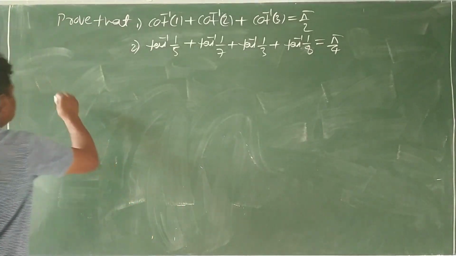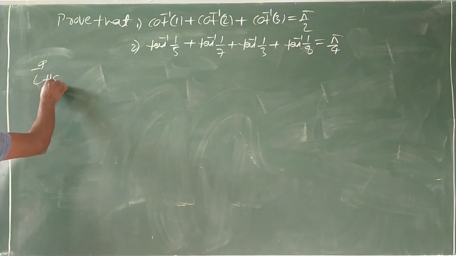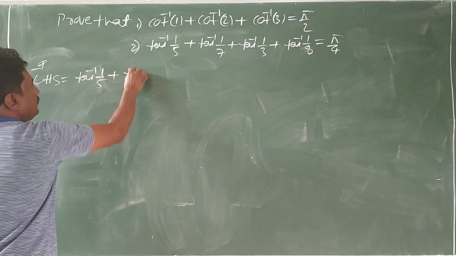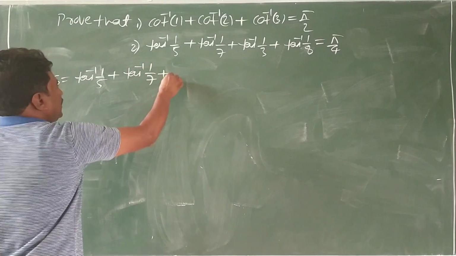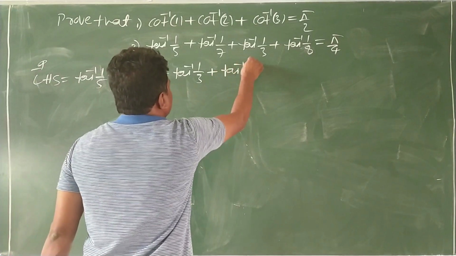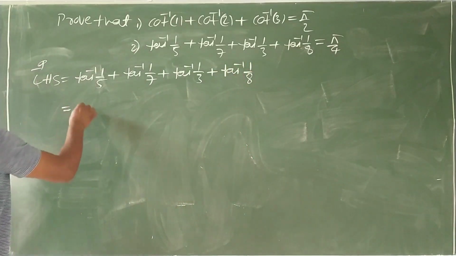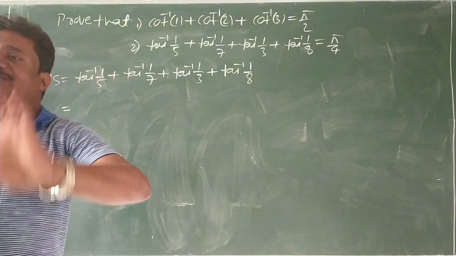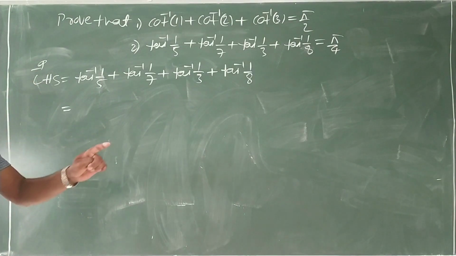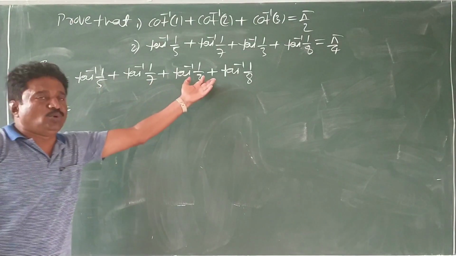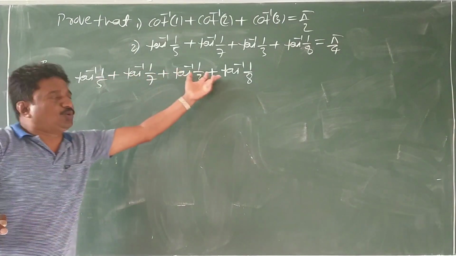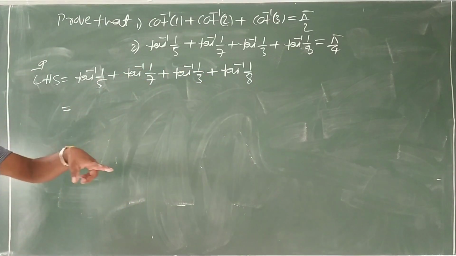So LHS solution: tan inverse 1 by 5 plus tan inverse 1 by 7 plus tan inverse 1 by 3 plus tan inverse 1 by 8. Students, here we have 4 terms. Apply the formula for two terms at a time.